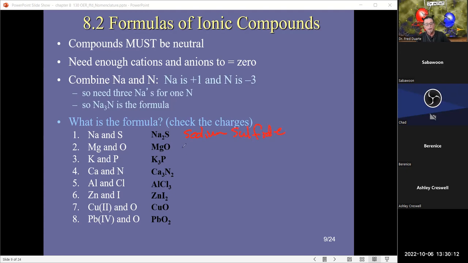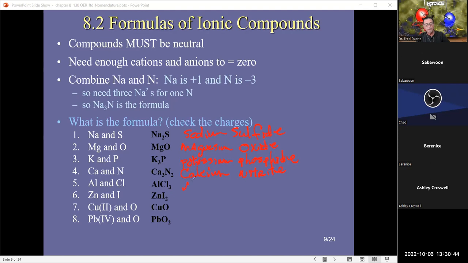Okay. We got magnesium. Oxygen becomes oxide. Okay, we got potassium. P is phosphide. Okay, then here we got calcium nitride.